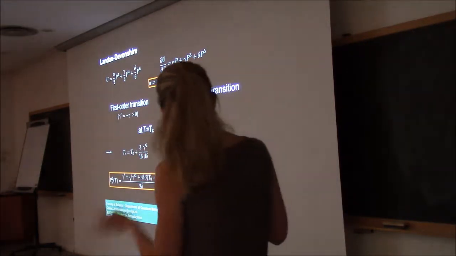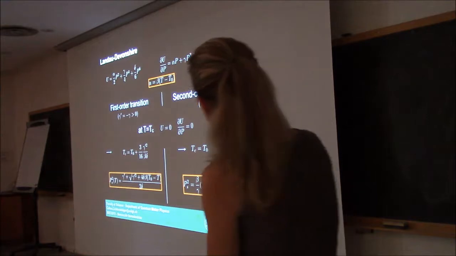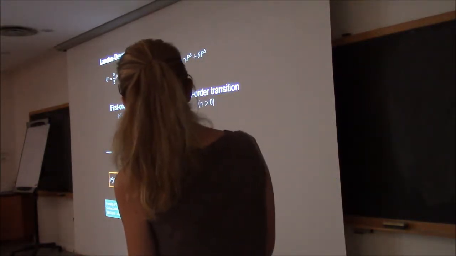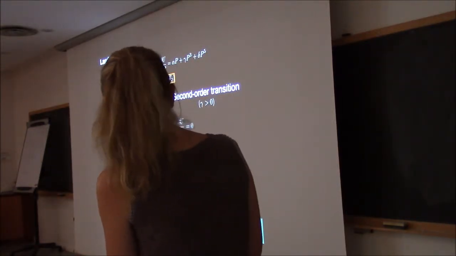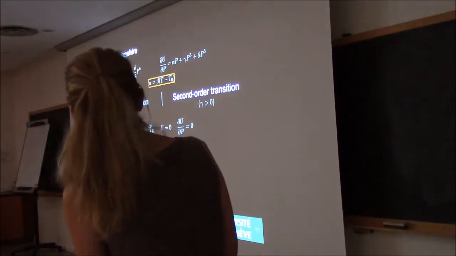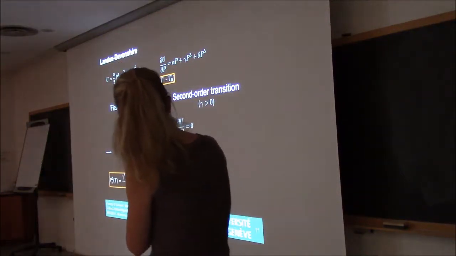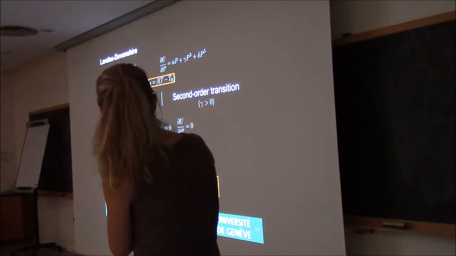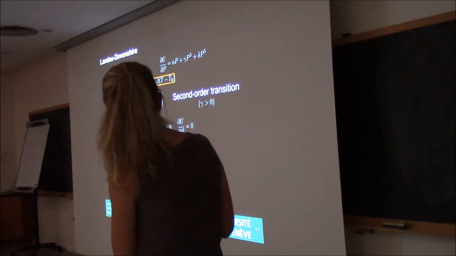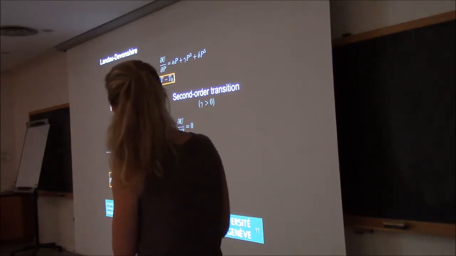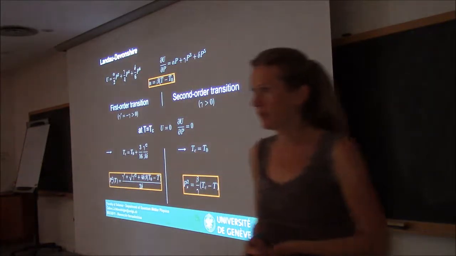And so then you can have two different kinds of transitions, depending on whether this gamma value here is positive or negative. And what you see by doing simply the math is that from this alpha you get the transition temperature, and you can get the value of the two stable polarization states.